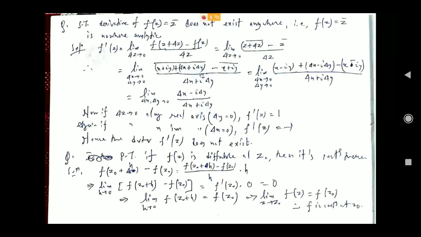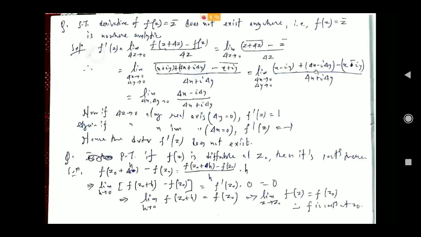Now if we simplify and remove the bar: the bar of x plus iy is x minus iy, and the bar of del x plus i del y will be del x minus i del y.